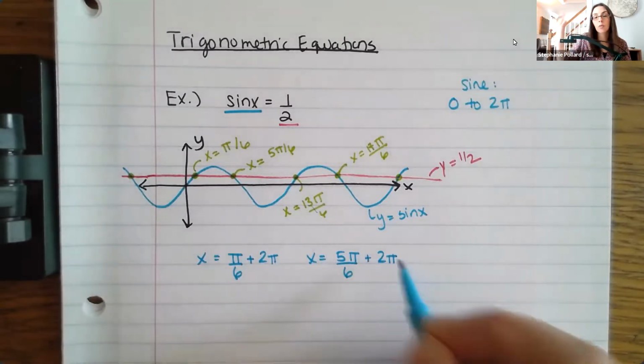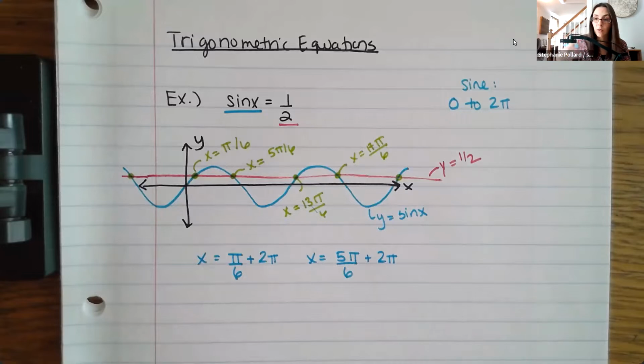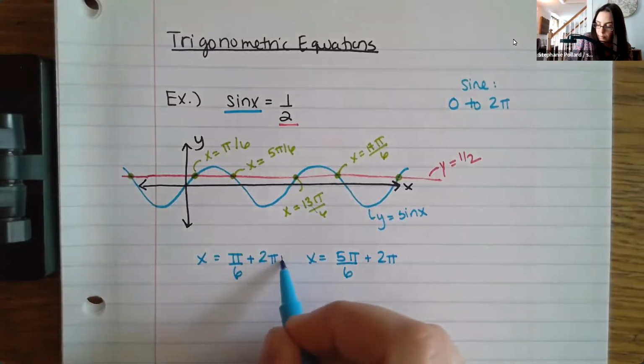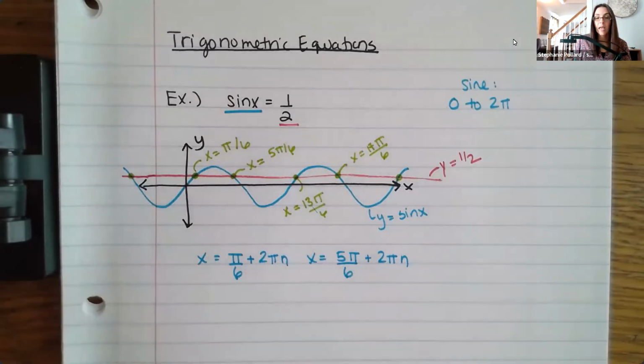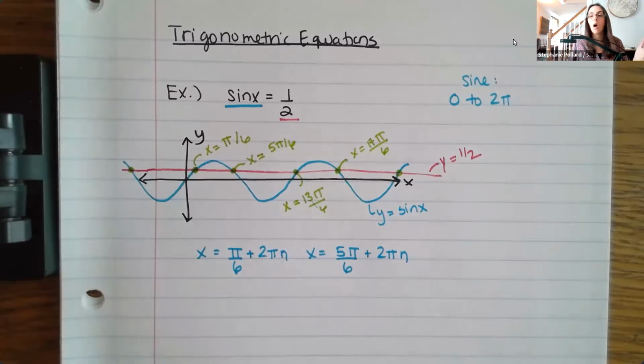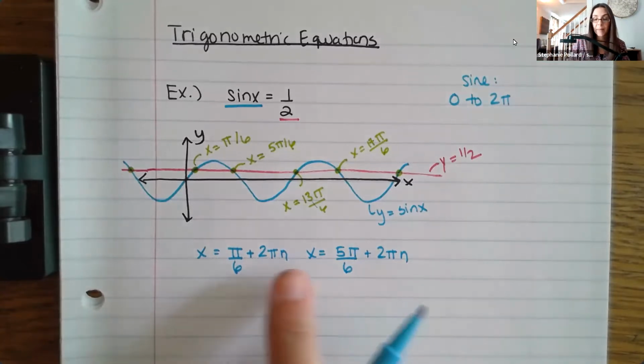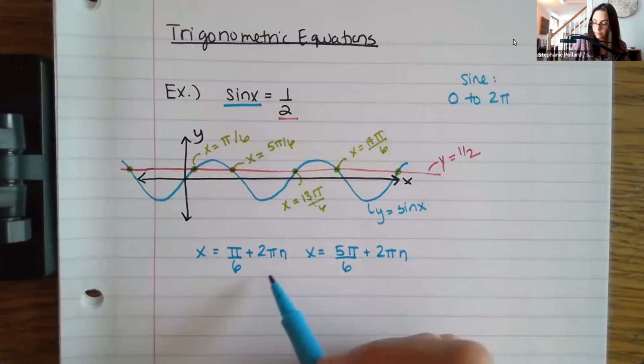But I can keep adding 2 pi or subtracting 2 pi over and over again. So what we do is we often multiply it by n. And then we let n run through all possible values. n is 0, n is 1, n is 2, n is -1, -2, etc. So you'll get all those other values there. But this is based on that period, right?